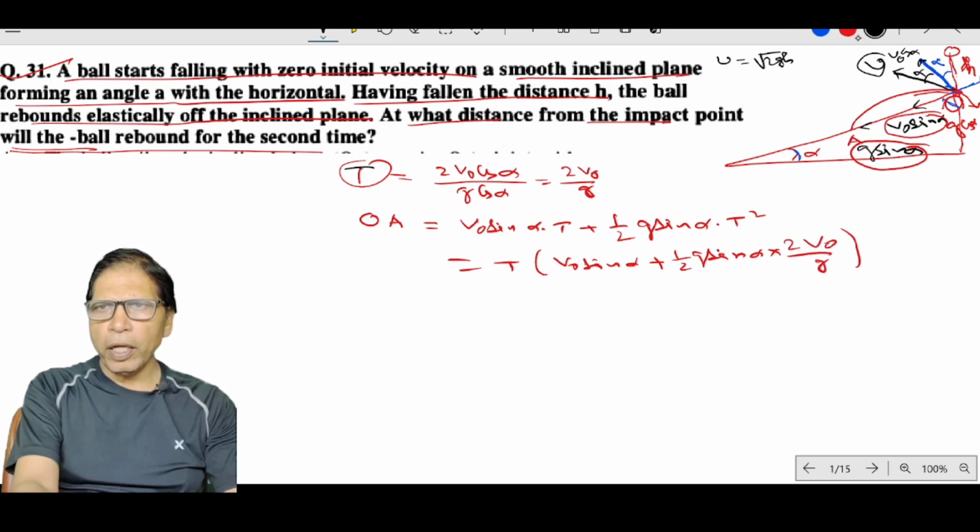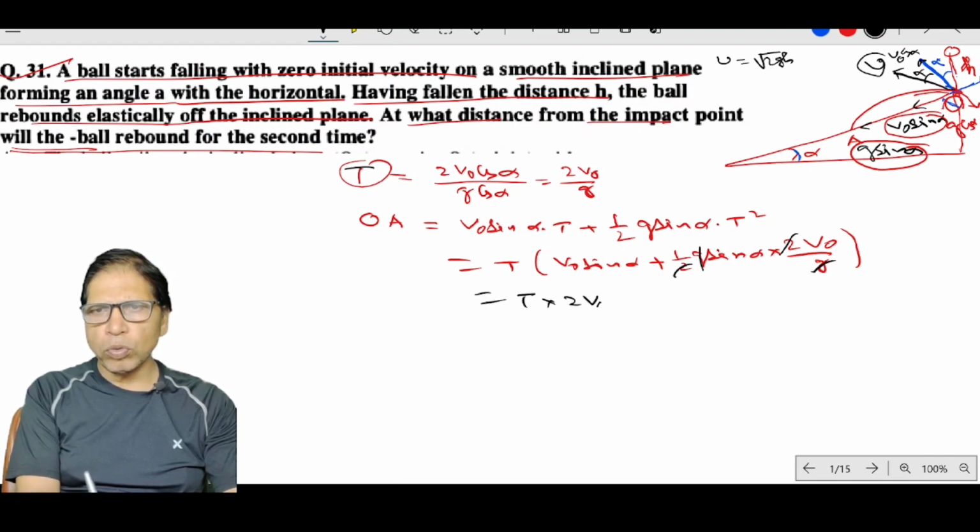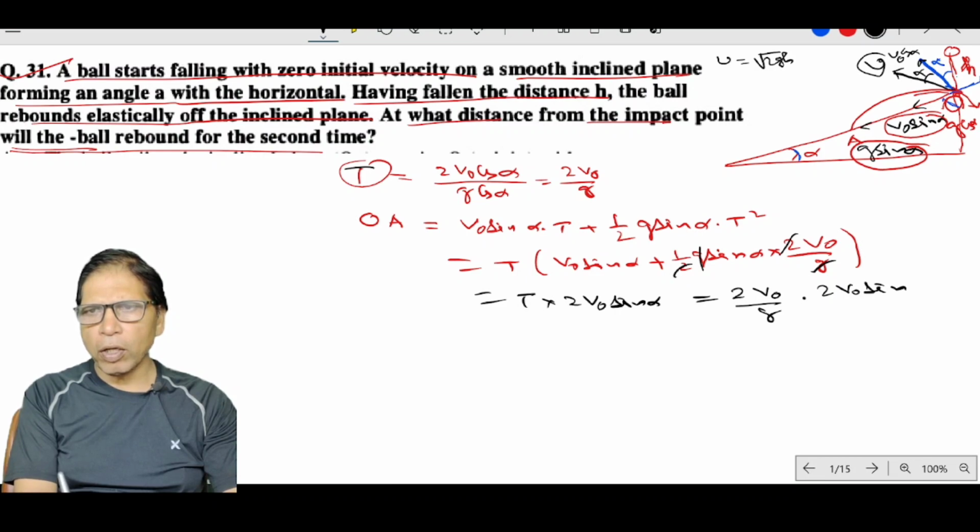Now g and g cancel out, 2 and 2 cancel out, so you get T into 2 v naught sin alpha.